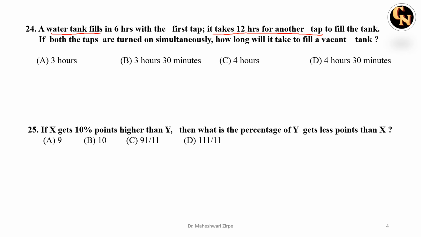So whatever time it takes to fill, the same will be required to vacant it, correct? So the formula for this, what you can do is, we can solve step by step. First step: how much will the first tap fill in 1 hour?